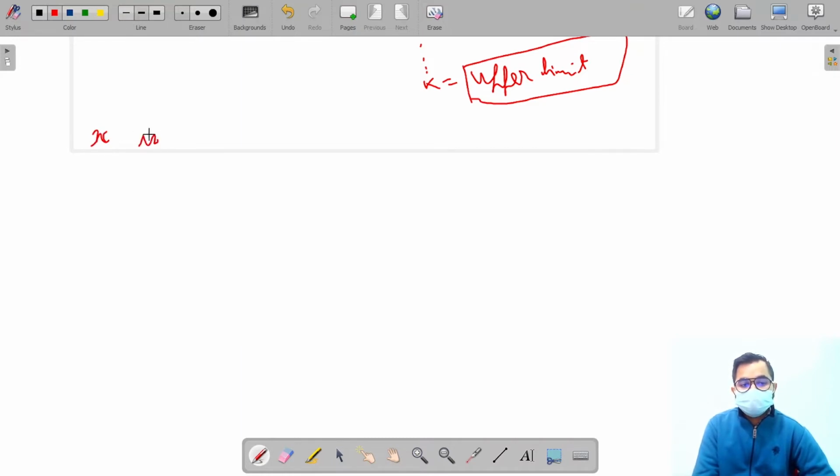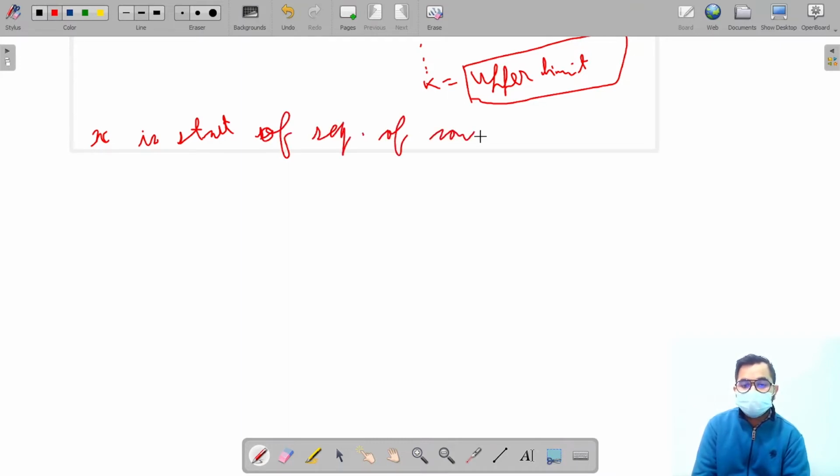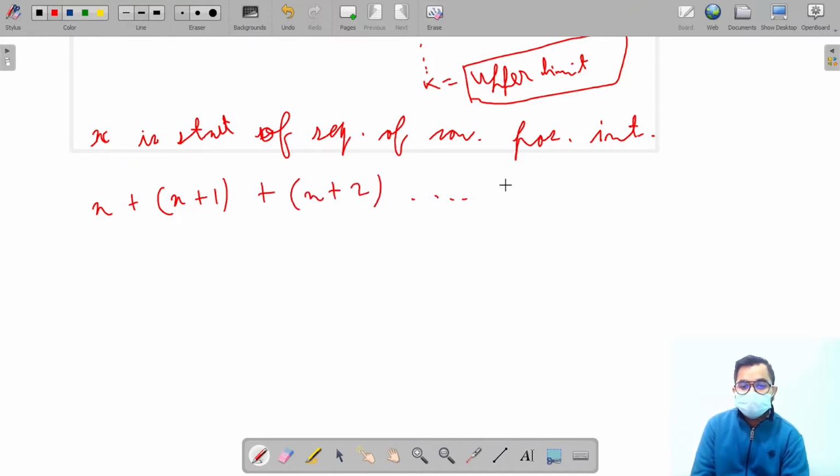Okay, x is the start of a sequence of consecutive positive integers, which is x, x plus 1, x plus 2, dot dot dot, x plus k minus 1, because there are k elements.